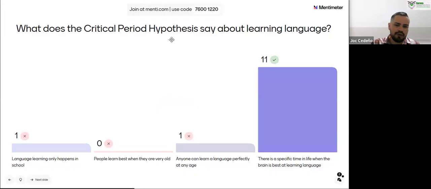The critical period hypothesis says that there is a specific time in life when you can learn a language faster, or when your brain is more ready to learn a new language. It is considered from the age of 7 up to the age of 12. There's some plasticity in the brain that makes you learn languages faster according to this hypothesis.